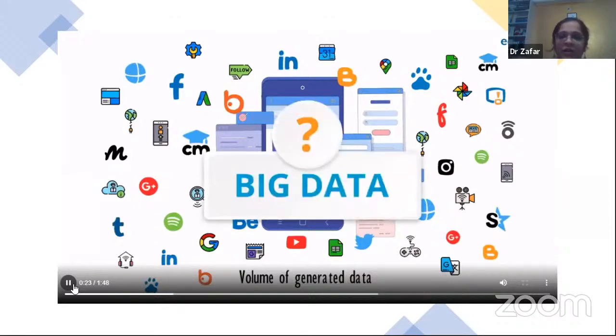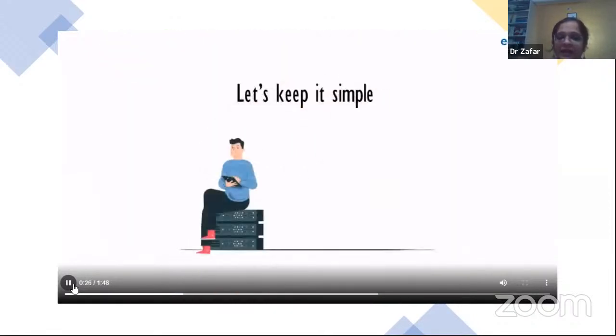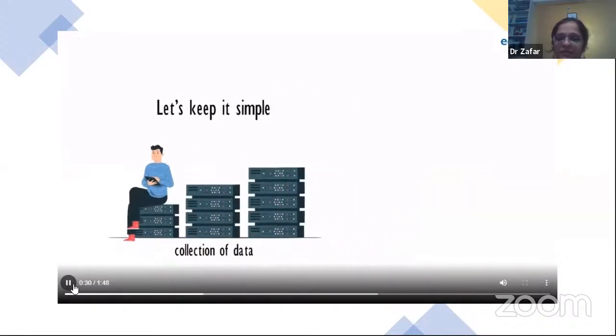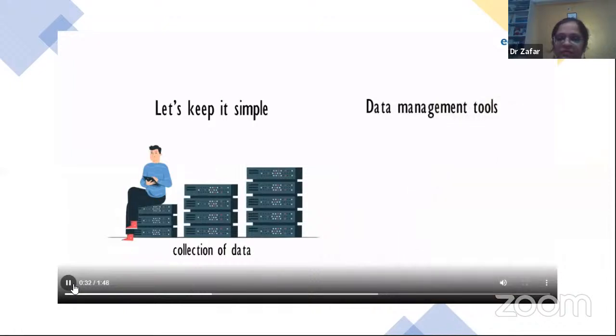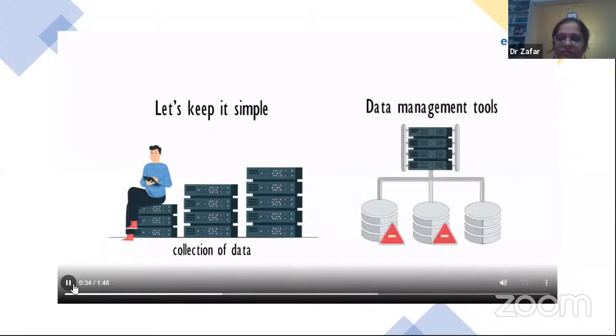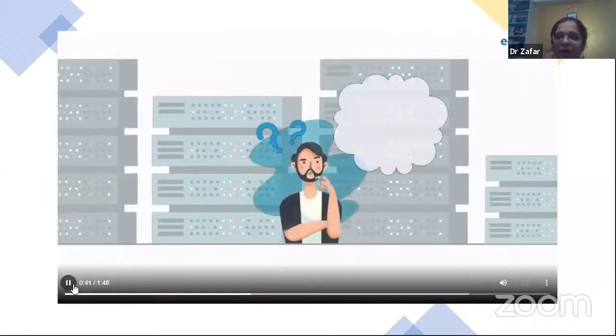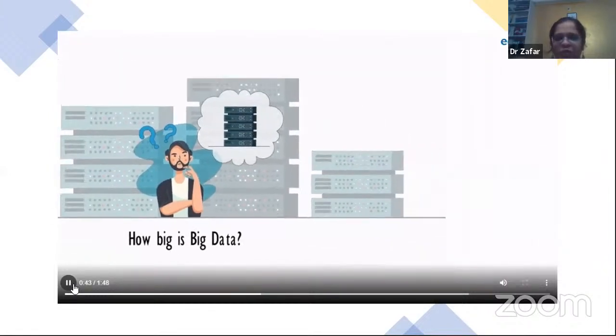And all are using the concept of big data. Big data refers to a collection of data that is so huge and complex that none of the traditional data management tools are able to store it or process it efficiently. Before we had small data, but now it is big data and requires a great depth of analysis.